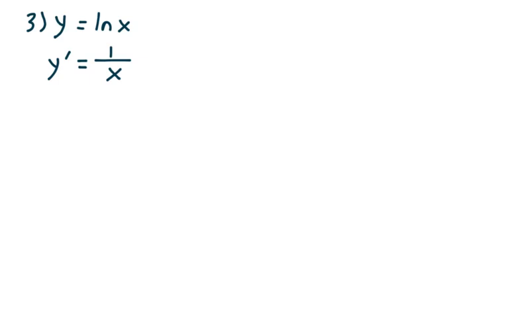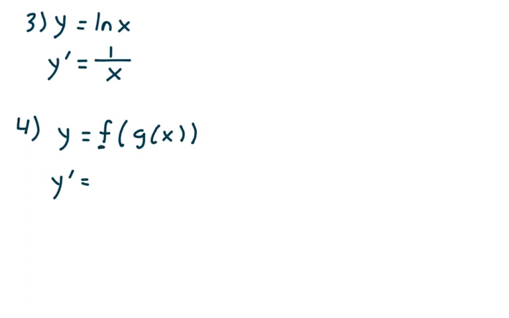Okay. Now, let's talk about the chain rule. Now, suppose y is equal to f evaluated at g of x. Remember that f and g are differentiable functions. Okay. Now, I want y prime.